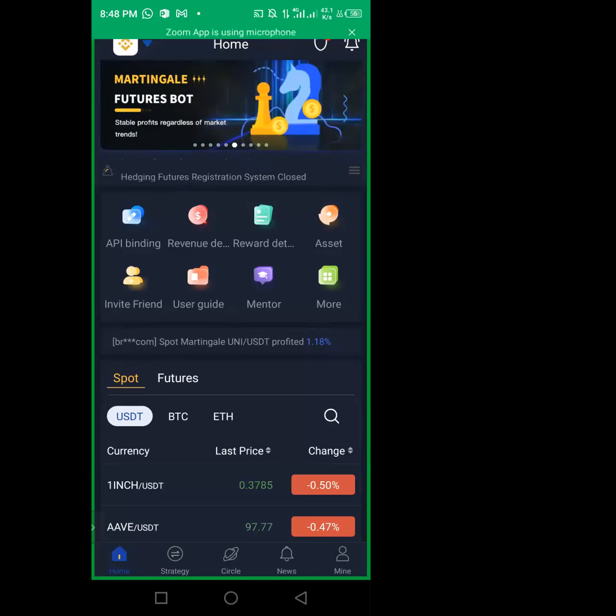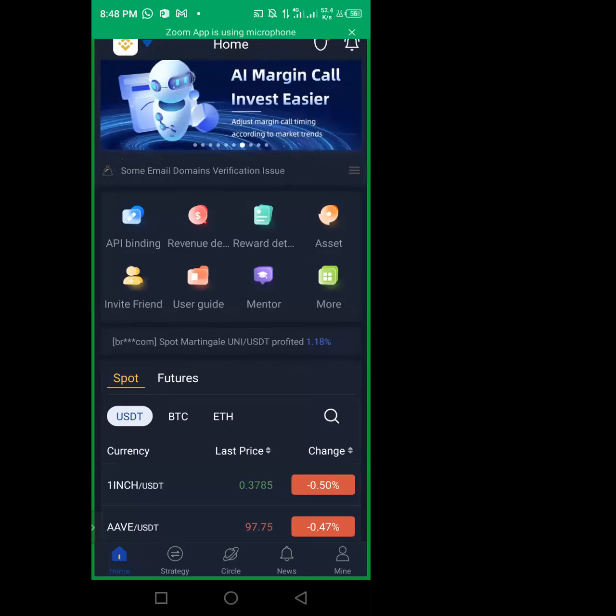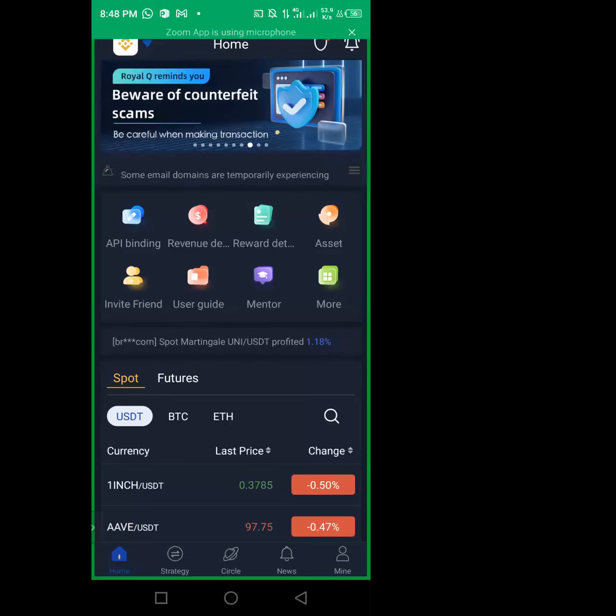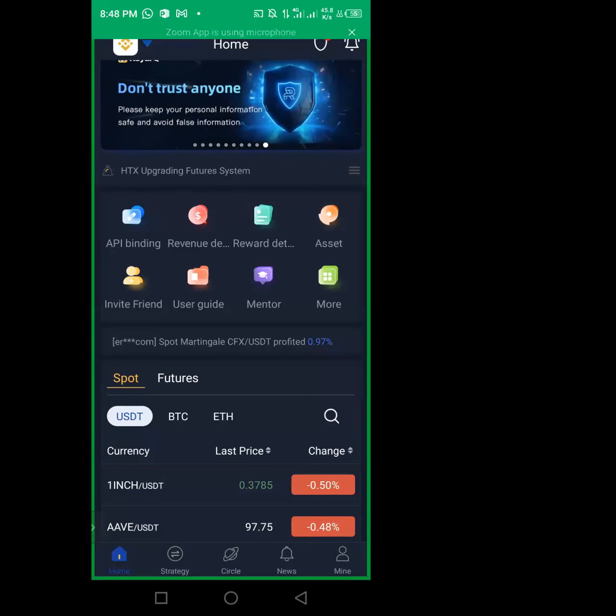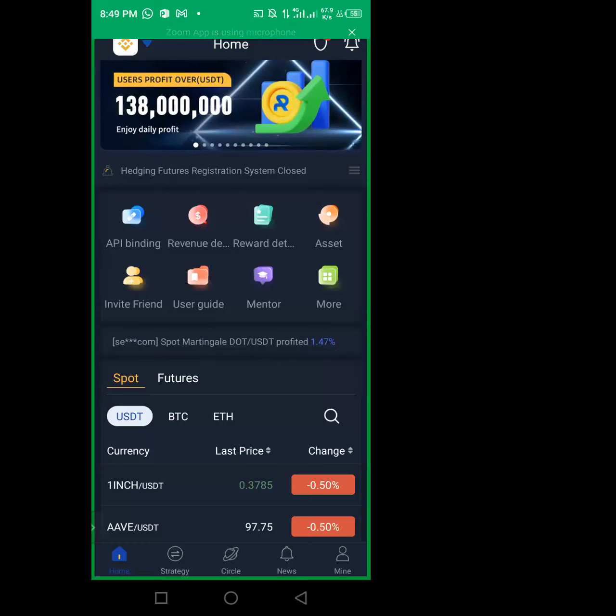Now, apart from the instant rewards, in this reward details, as far as you're in Royalq, you have an activated robot, and you refer at least one person to the system, you have become a shareholder of Royalq. You know, when you become a shareholder of a company, there are dividends that you should be receiving.